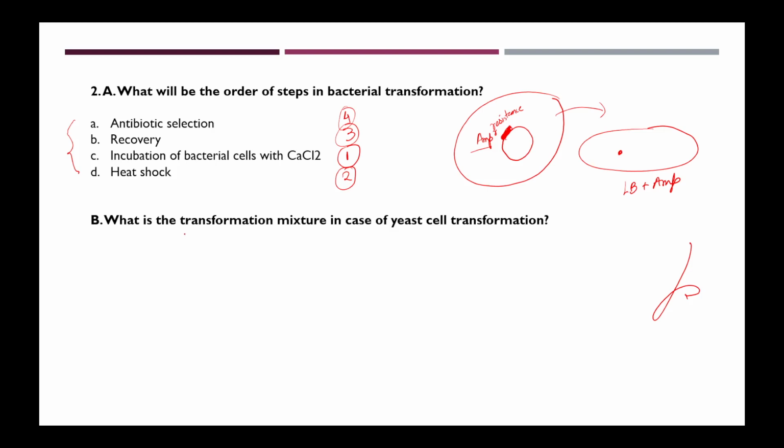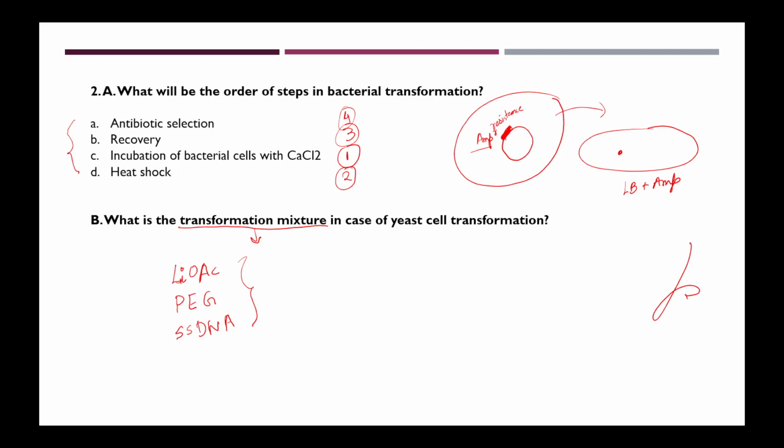Instead of that, the transformation mixture which I am talking about in yeast cell transformation would contain lithium acetate, and another is PEG solution, which is polyethylene glycol, and ssDNA. These three things are needed to make the yeast cell competent.